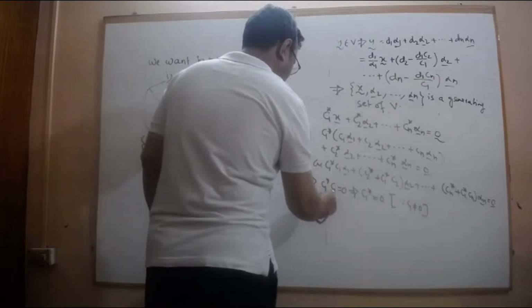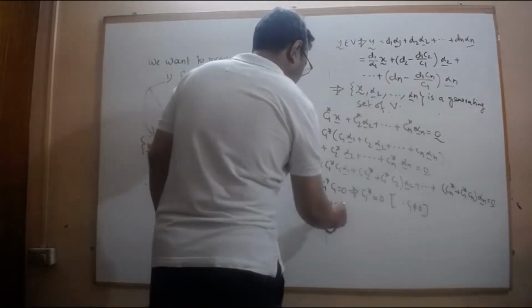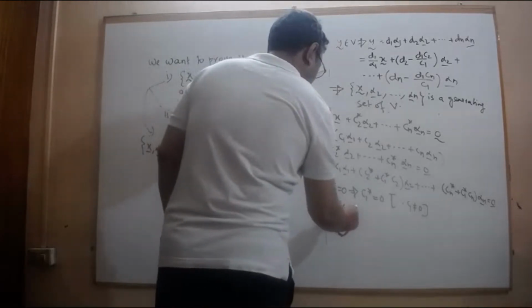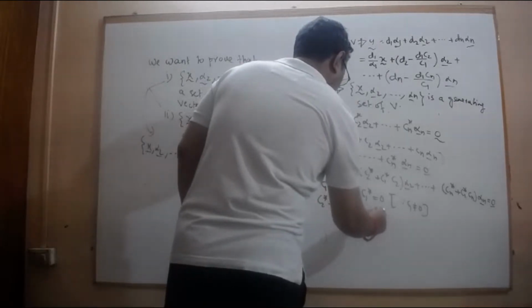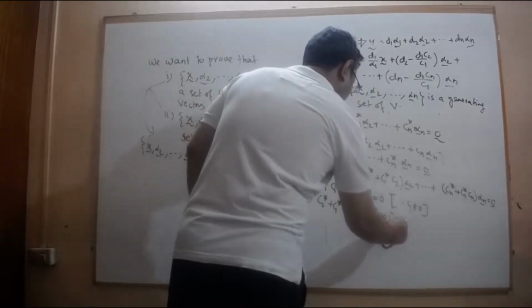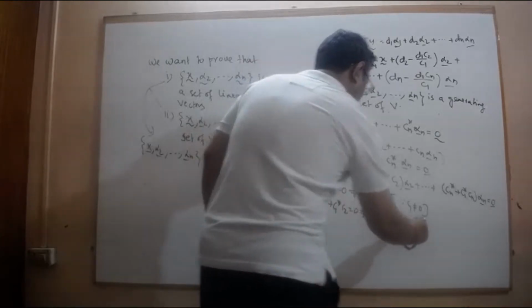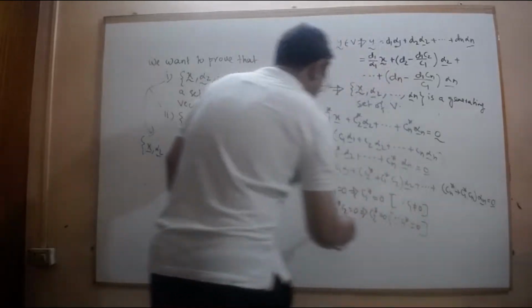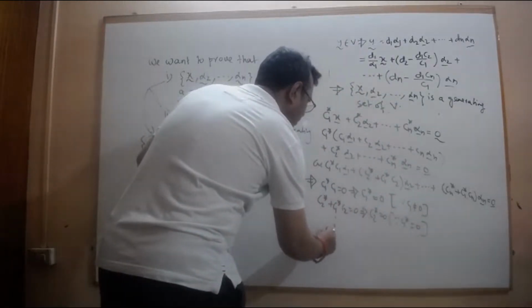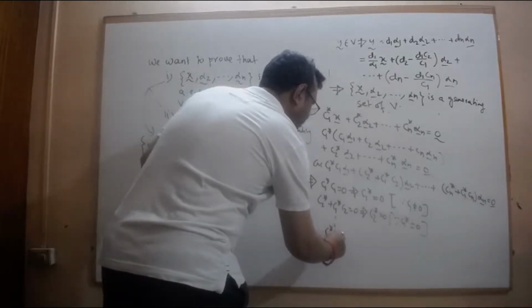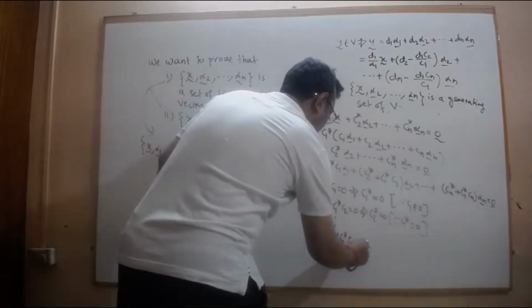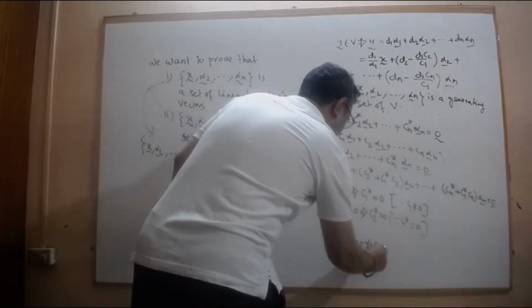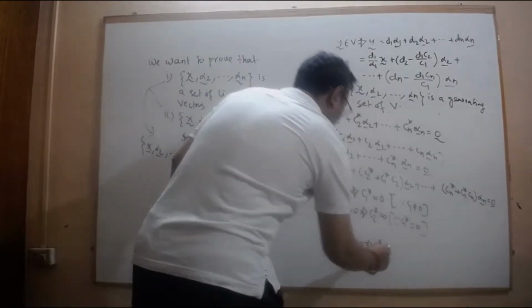Since C1 star equal to 0, this implies C2 star equal to 0, since C1 is not equal to 0. Similarly, Cn star equals 0.